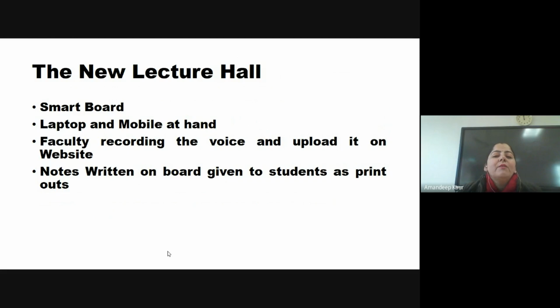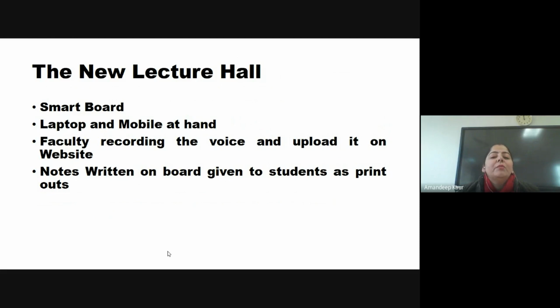Faculty record their voice and upload it on the website, and at the same time, faculty members give permission to students to record the information delivered and pass on that information as and when required, or to any student who is not available in the class.